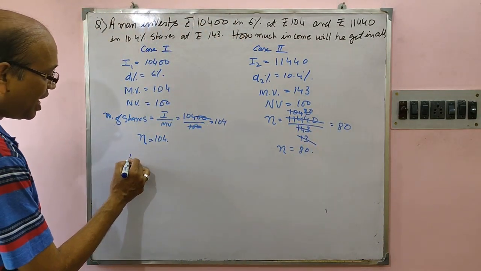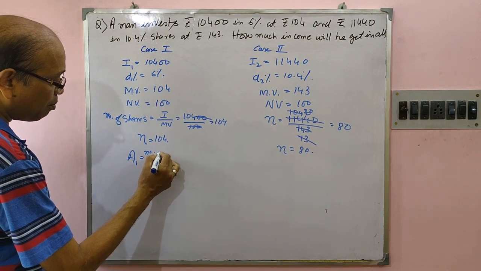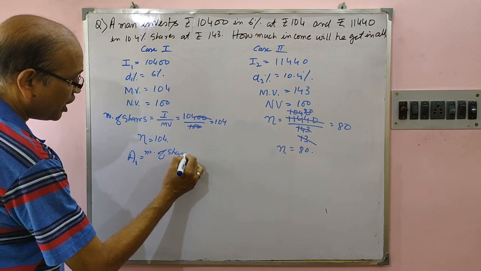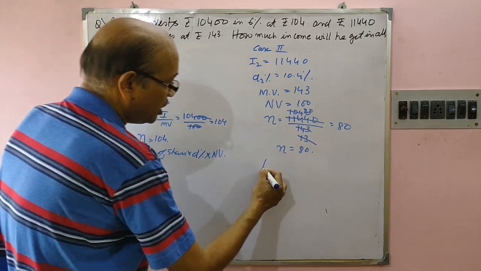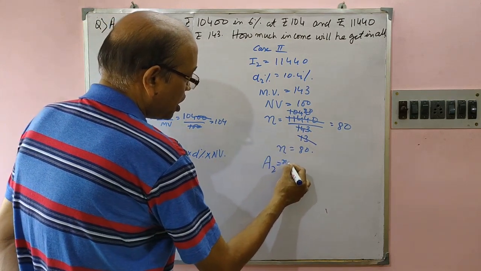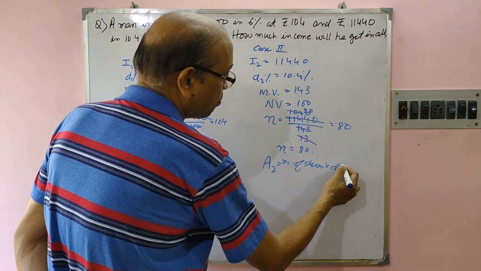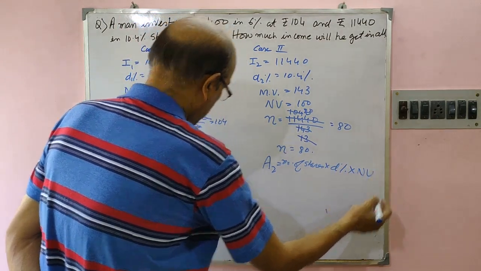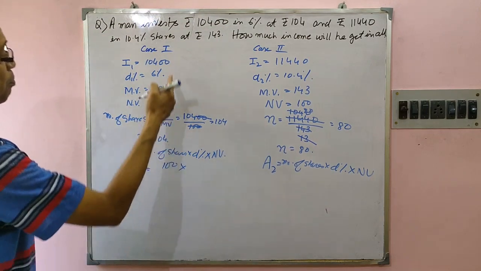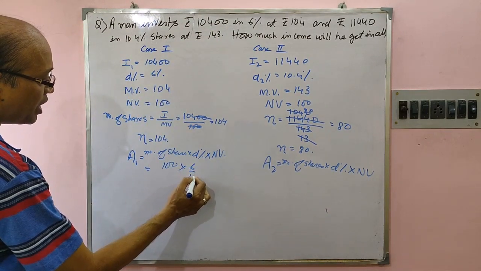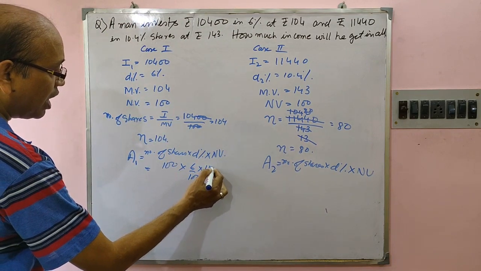Now we have to find annual income A1. What is annual income? Number of shares into D% into nominal value. Similarly here A2, number of shares into D% into nominal value. Here the number of shares is 100 into D% means 6 by 100 into nominal value is 100.